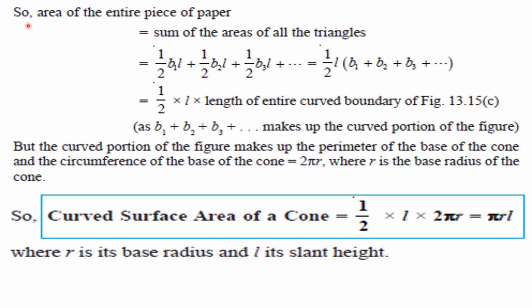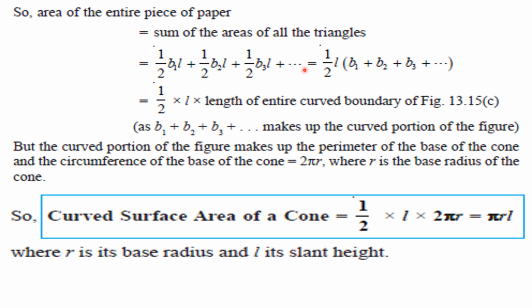Right. So the area of the entire piece of paper is equal to the sum of the areas of all the triangles. That is equal to 1 by 2 into B1 into L plus 1 by 2 into B2 into L plus 1 by 2 into B3 into L plus and so on.